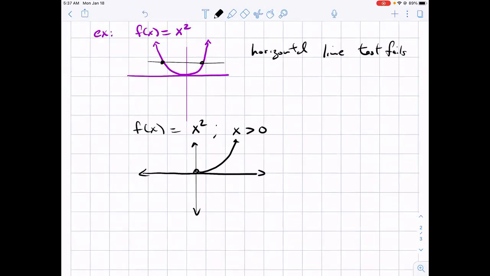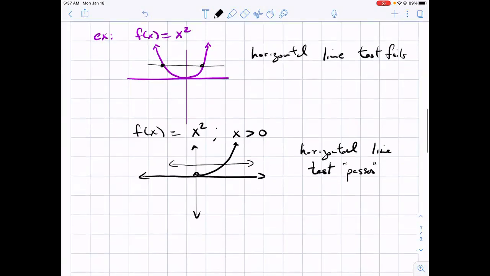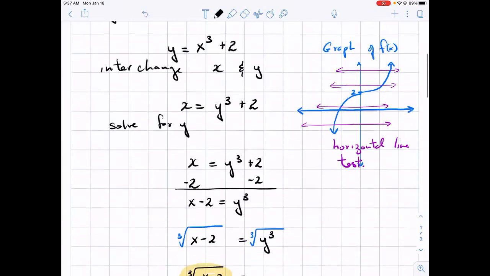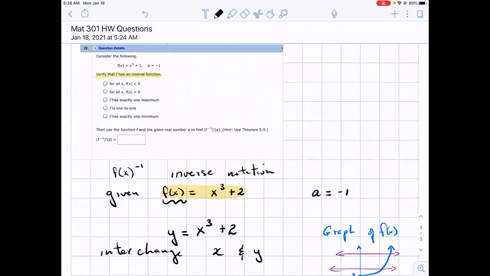And then in this case, the horizontal line test will pass, okay? So sometimes we restrict the domain to make the function have an inverse on a specific domain. And that's the reason if you look at some of the answers, they give this notation here, right?